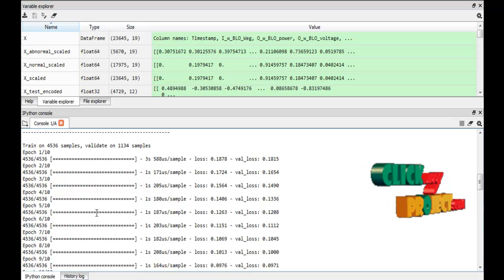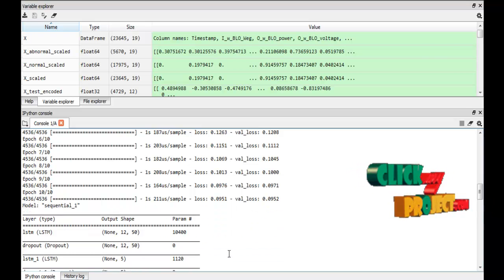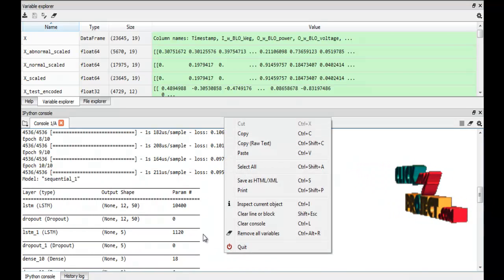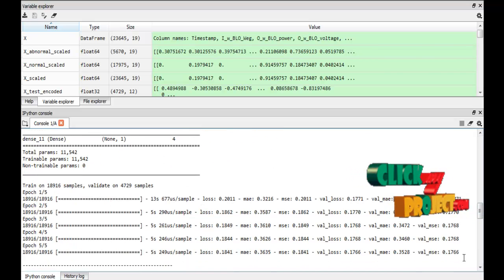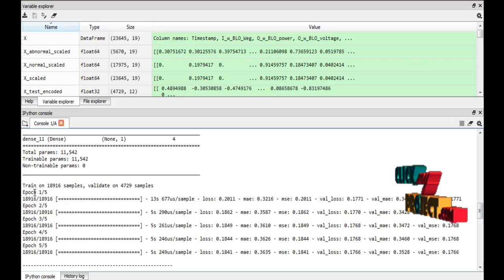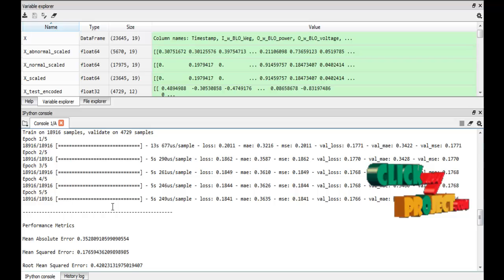After that, training the samples by using the autoencoder process. After that, this is for LSTM, training our sample data and validating the sample data by using the LSTM.